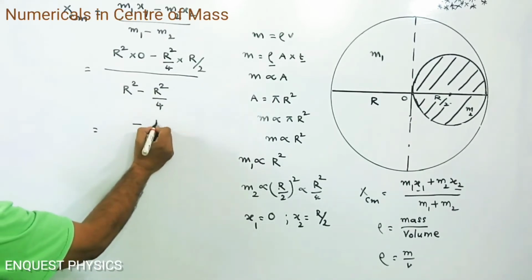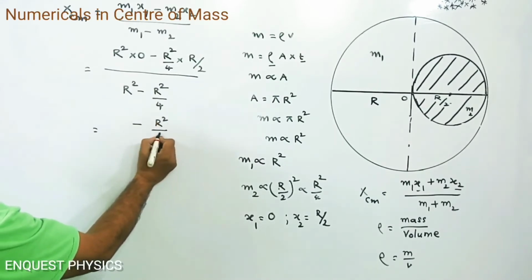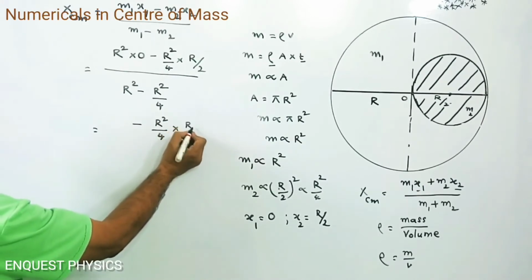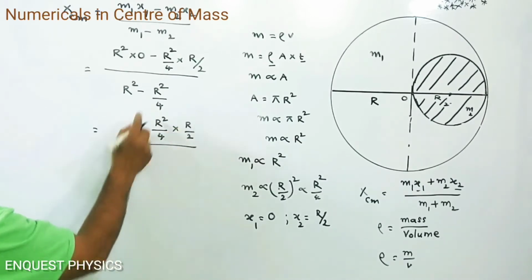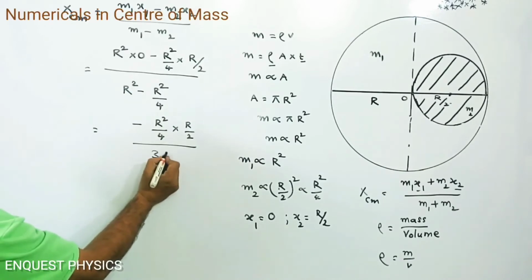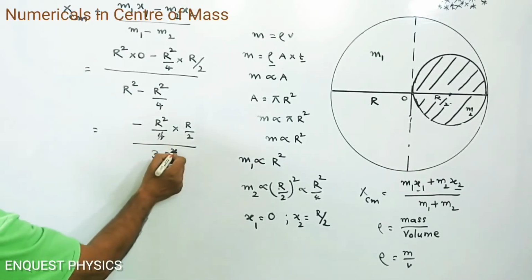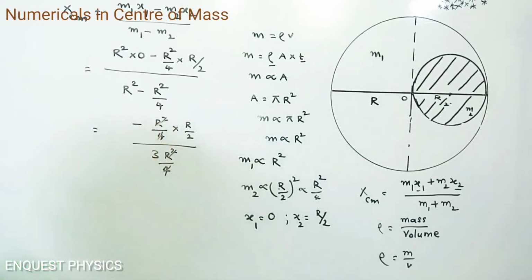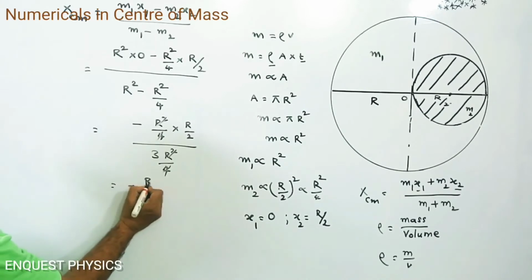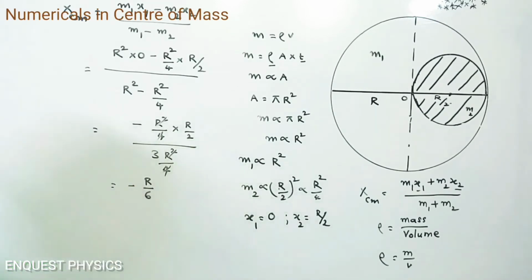It can also be written as minus r squared by 4 multiplied with r by 2, divided by 3 r squared by 4, where 4 gets cancelled and r square gets cancelled, and what you get is minus r by 6.